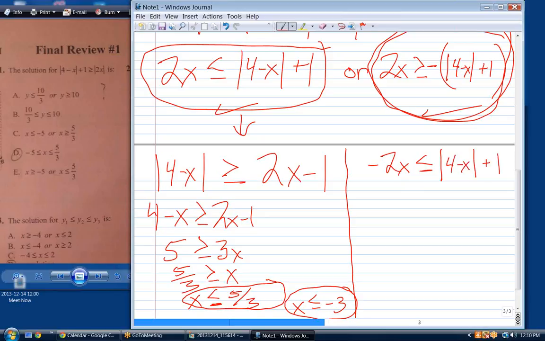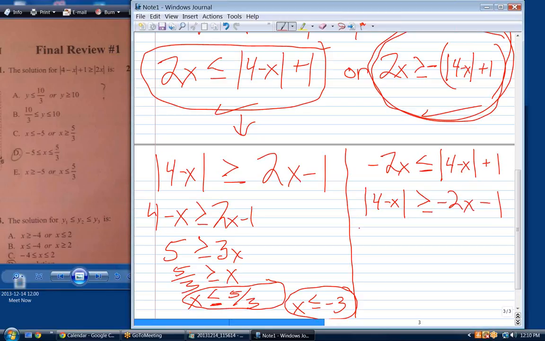With me? Okay. Now I want to get this all by itself, so let's put it on the left. I'm more comfortable working that way with absolute values. Reverse the sign. Minus 2x minus 1. Still with me? Okay.